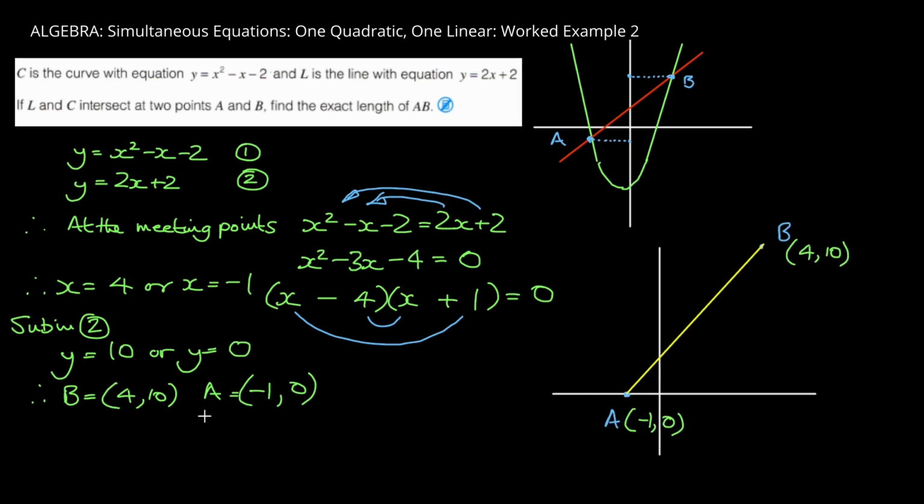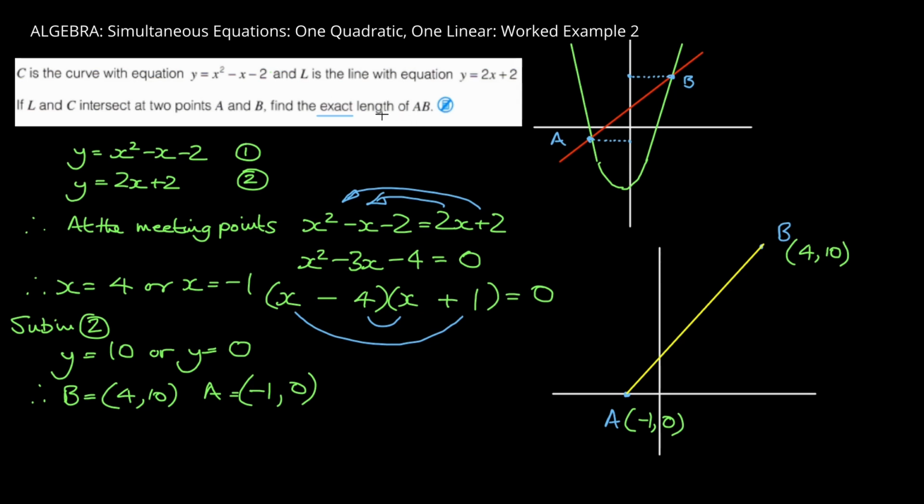Okay, now we know the coordinates of A and B. I've popped on a refined diagram, and I've popped on the line AB and the two coordinate points, negative 1, 0, 4, 10. Okay, and they need the exact length. There's a key word. Probably means there's going to be a square root in the answer.